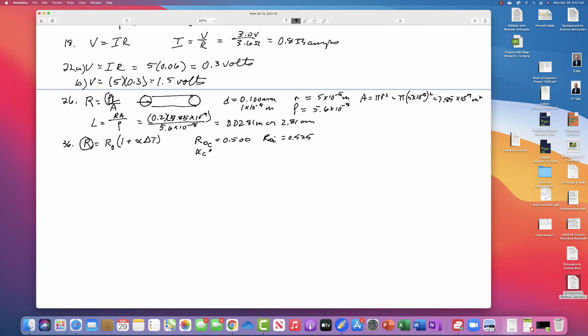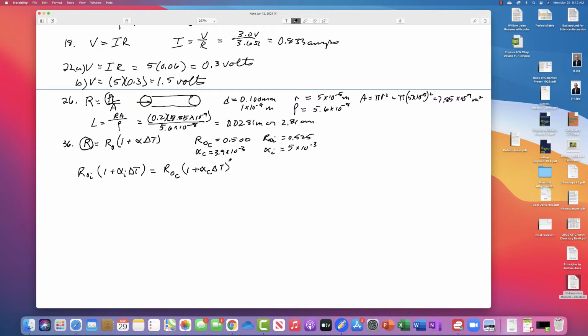Alpha for copper is 3.9 times 10 to the minus 3, and alpha for iron is 5 times 10 to the minus 3. Basically you set these two equal to each other: R0 for iron times 1 plus alpha iron delta T is equal to R0 for copper times 1 plus alpha copper delta T.